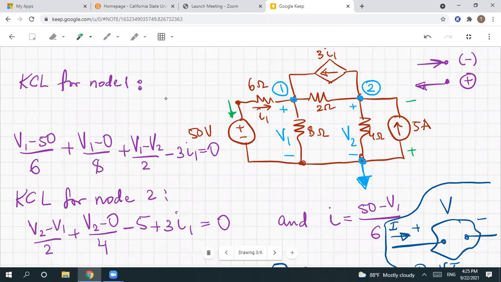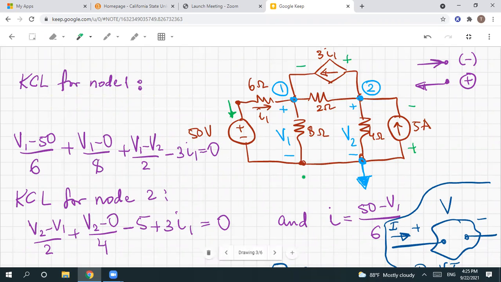And for that current source, also the voltage should be like this.